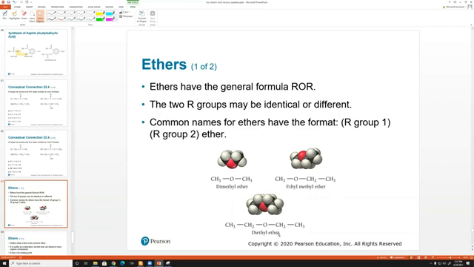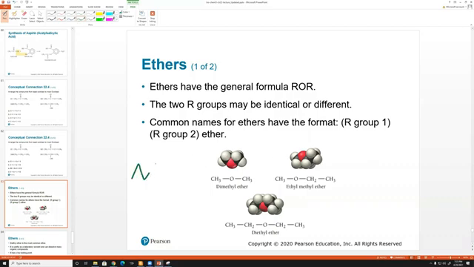It's usually the first R group, the second R group, then you write the word ether. It could be benzyl propyl ether, or bromobenzyl ether. I know it's a tough language, but we'll do examples. Here, we'll do an example right now.